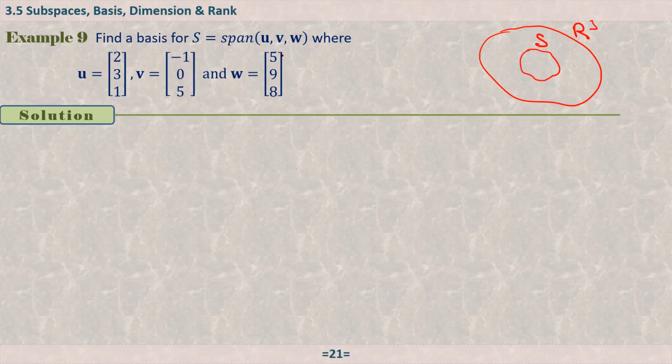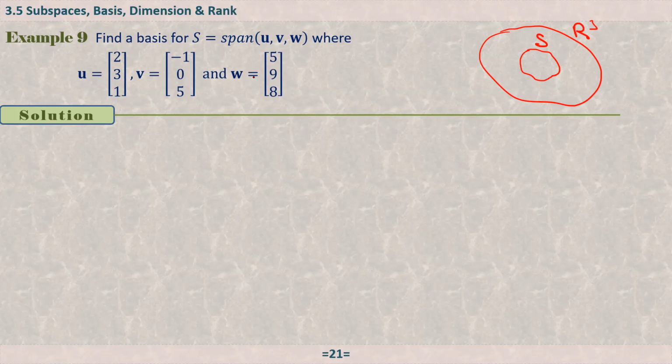Still, I'm not sure whether all of these vectors U, V, W are needed to span this subspace. Do we have to keep all these vectors? Of course, we have to keep all of them if they are linearly independent. If these vectors are linearly dependent, we need to eliminate one of them.